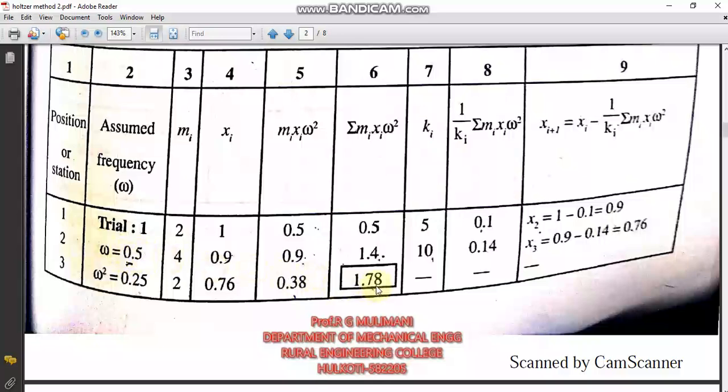So for omega 1.75 this is a negative value. One time there is a change in the sign. Now you expect one more change, from minus to plus. Now there are 2 changes in the sign. So the first natural frequency for the semi-definite systems or the free system is 0.